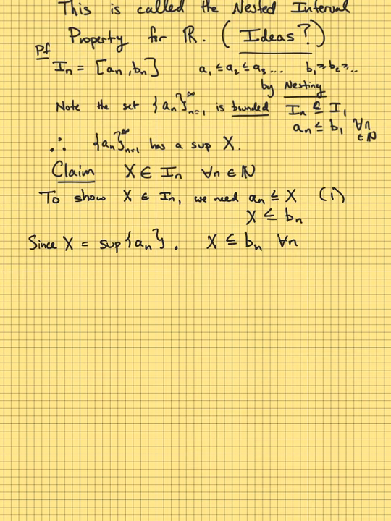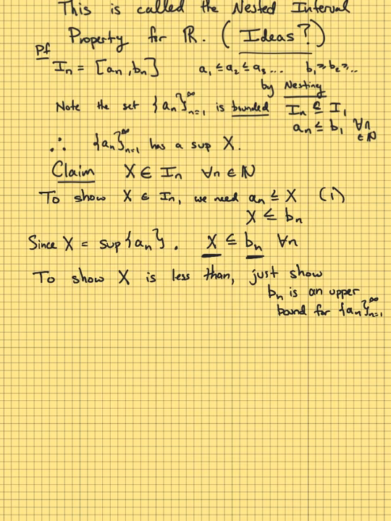And how do you know? So you have something which is a supremum. You want to show it's less than something. The way that you show a supremum is less than something, so to show x is less than b sub n, you have to show that b sub n is an upper bound for the set a sub n.